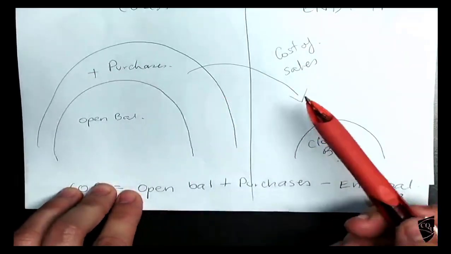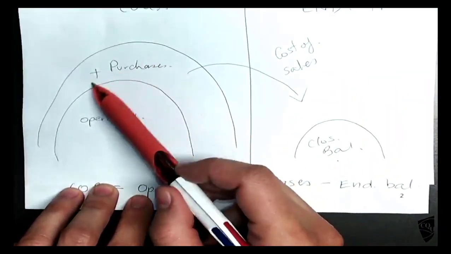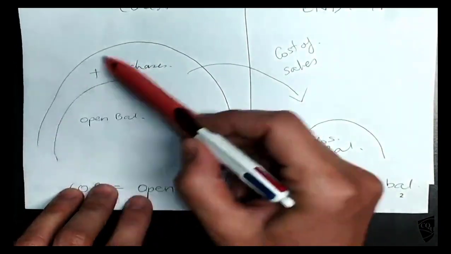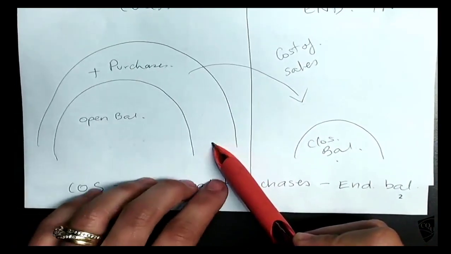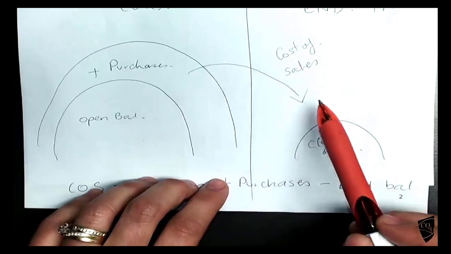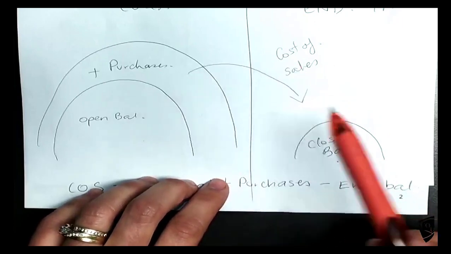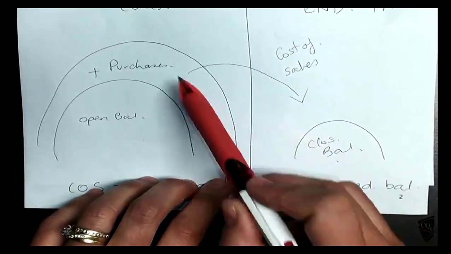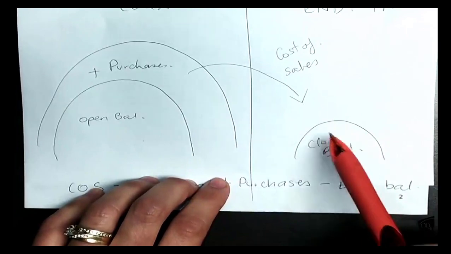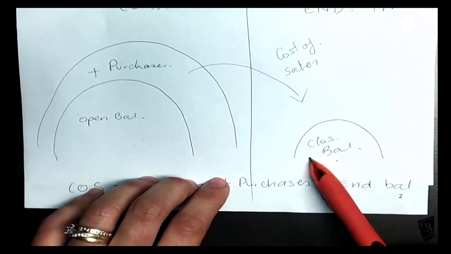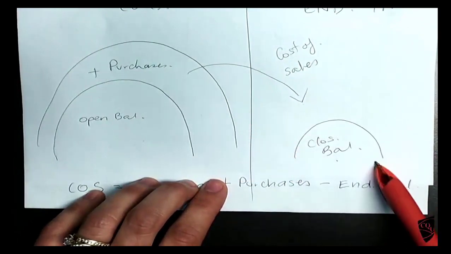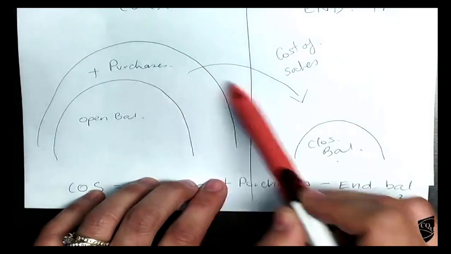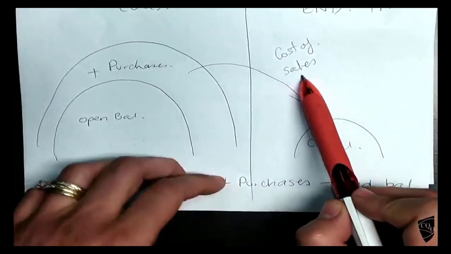We've purchased a bit more gold, so we're shoveling some more on top, giving a larger amount that we can sell off and make money from. We don't really know what's sold because we're not keeping up to date under the periodic system. At the end of the period, we look at what we have left on hand. We had this much available to sell, but now we've only got this much left. So the difference between the two piles must be what we've actually sold.